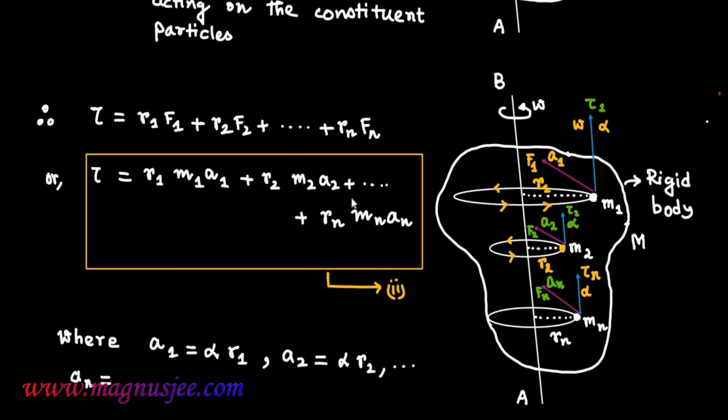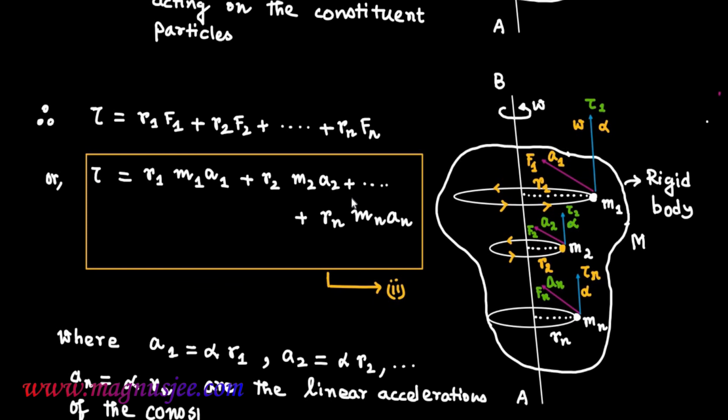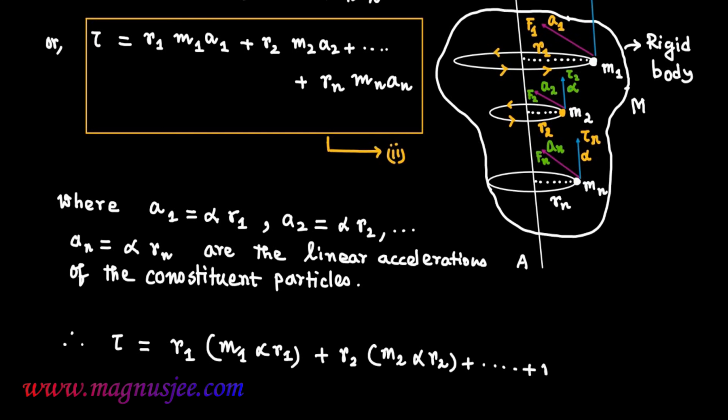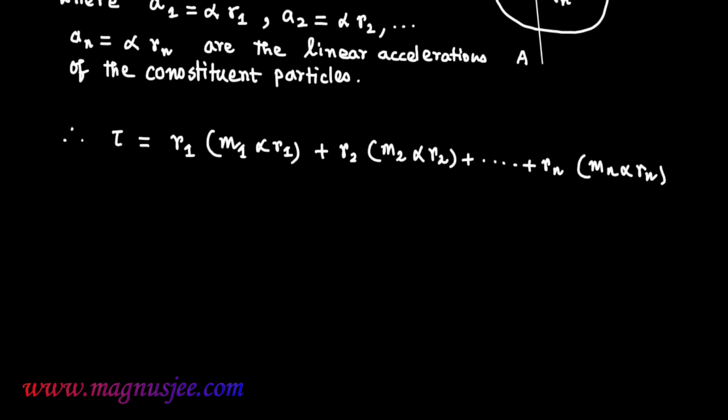A1 equal alpha R1, A2 equal alpha R2, An equal alpha Rn are the linear accelerations of the constituent particles of the rigid body, acting in inward direction. Therefore, the expression of torque tau will be R1 times M1 alpha R1 plus R2 times M2 alpha R2 plus Rn times Mn alpha Rn.